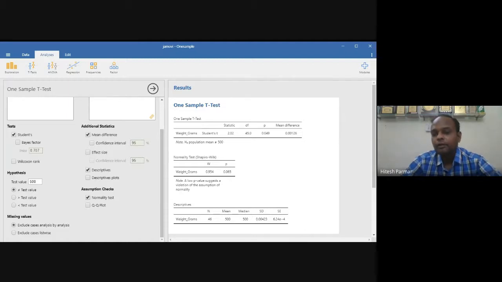We'll continue these types of t-test and other parametric, non-parametric tests in our next class. Up till now, whatever we have discussed, if you have any question, please ask.